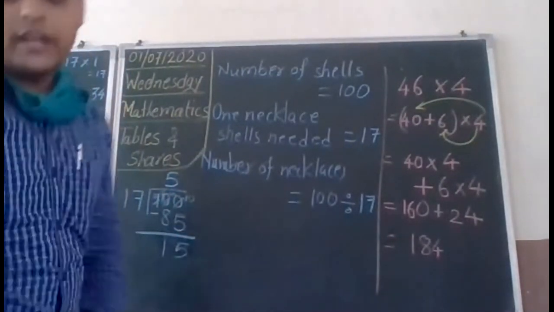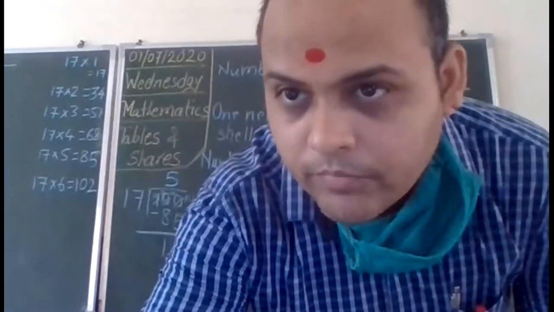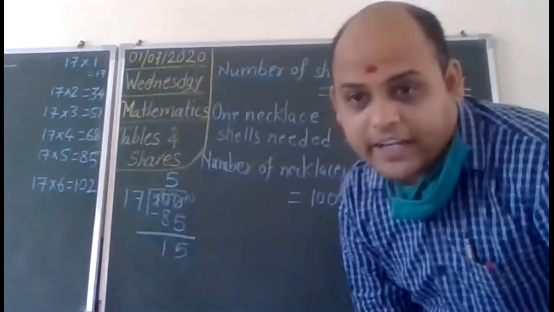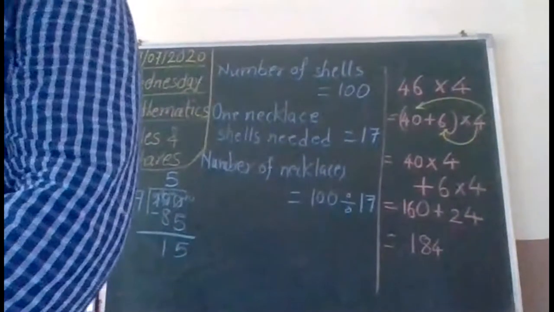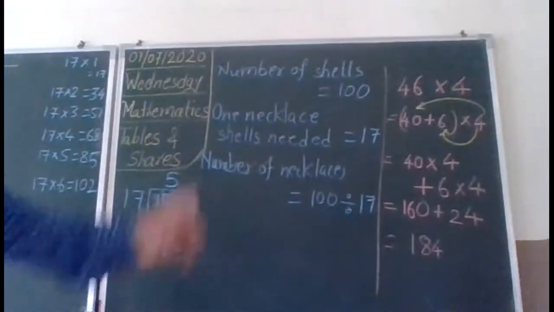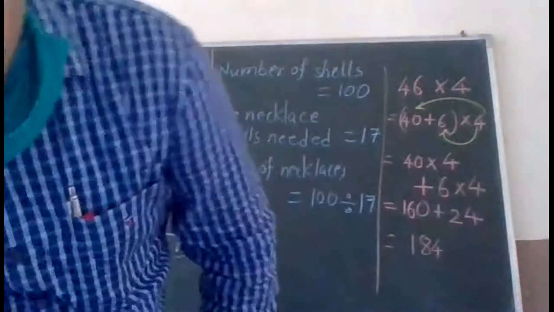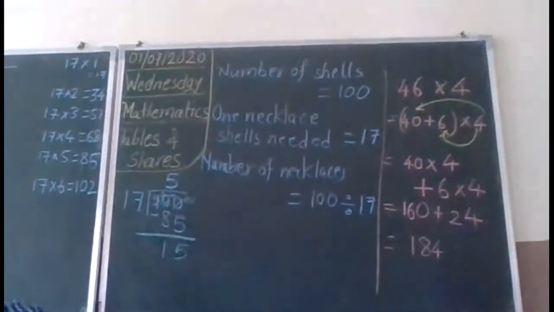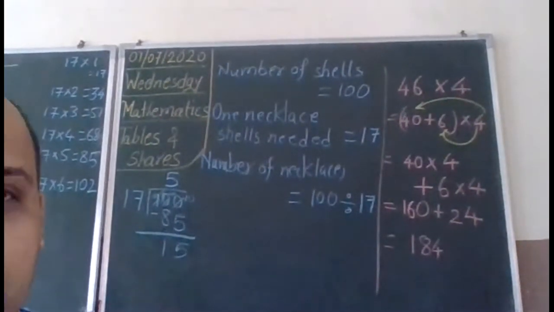Okay? Yes? So, alright. So the question is, how many such necklaces can be made? 5. We can add to the question, we can bring the question a little bit, make it a little bit tough.